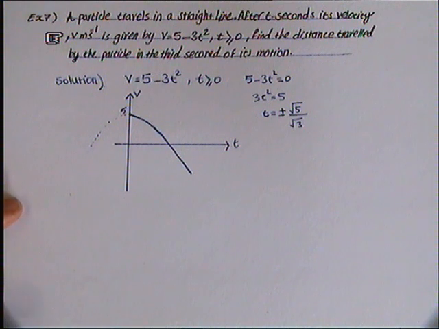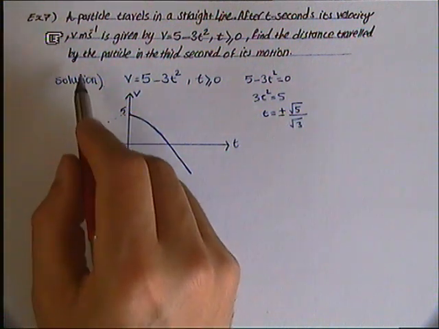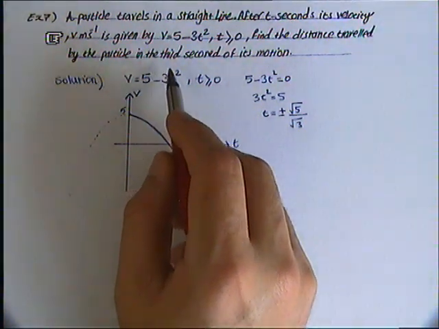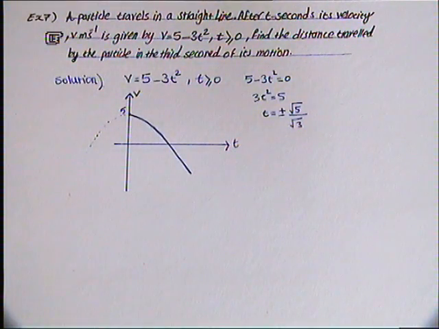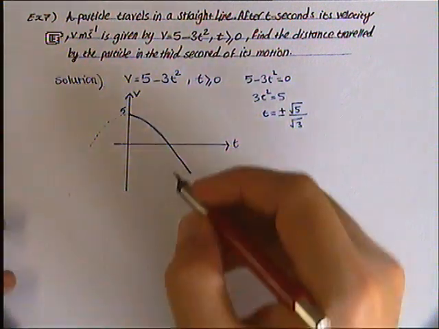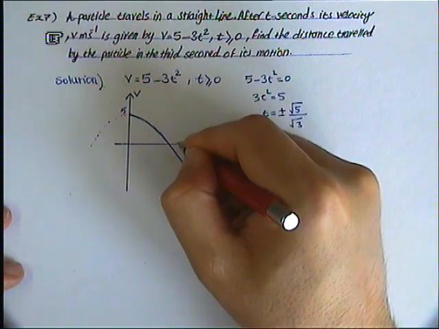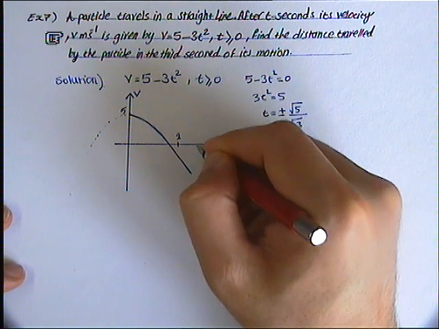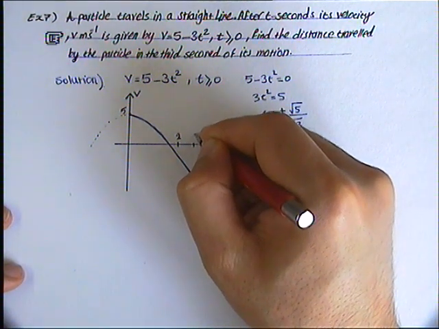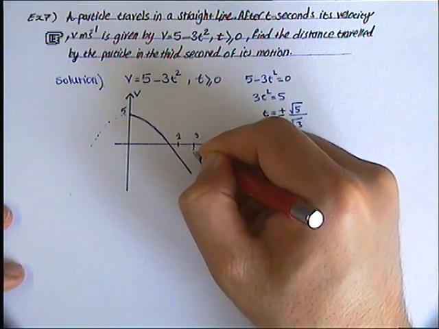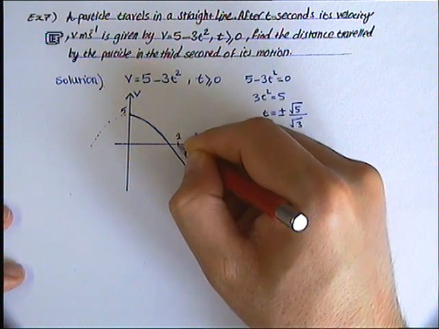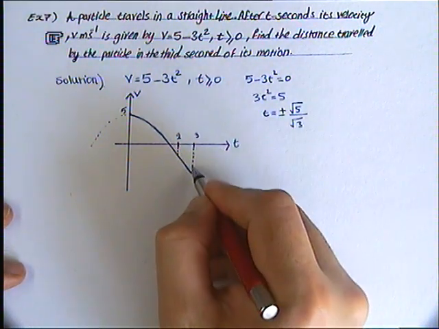The question says the distance traveled by the particle in the third second of its motion. The third second means from time t equals 2 up to t equals 3. So we want to work out this area.